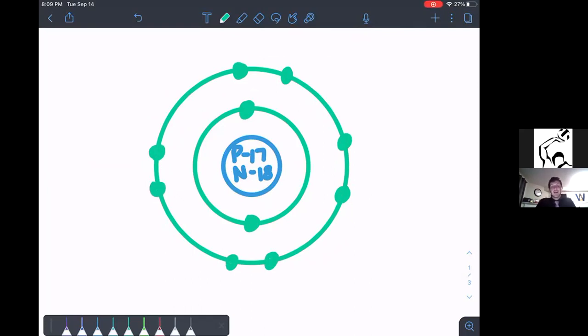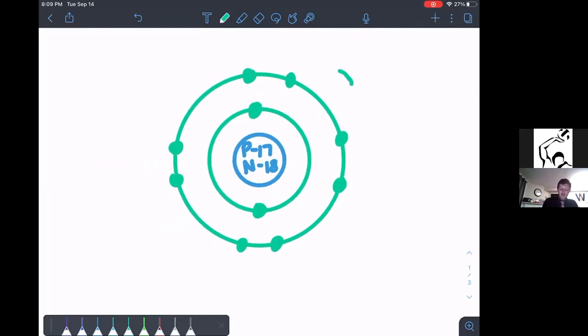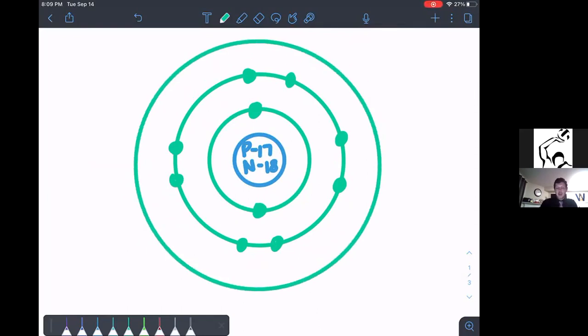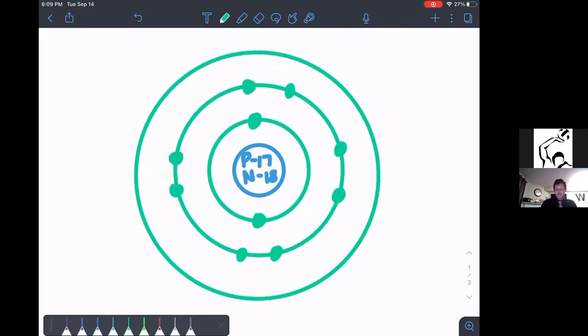But we are not done because that's only a total of 10 electrons and we need 17, which means we do have to make a third orbital or third ring around our nucleus. And this one will get the rest of our electrons, the extra 7 we need. So 1, 2, 3, 4, 5, 6, and 7.